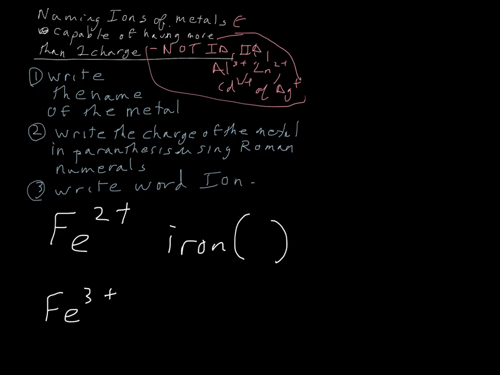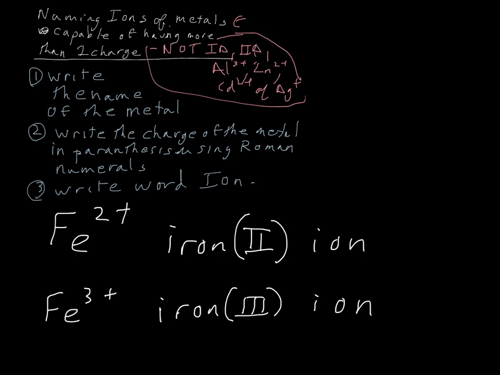I have a 2 positive charge there, so I'm going to write 2 in Roman numerals and the word ion. I would pronounce it the iron 2 ion. For this iron right here, I would write iron, the charge on the metal in parentheses, ion. I'm going to type it too to emphasize something here.